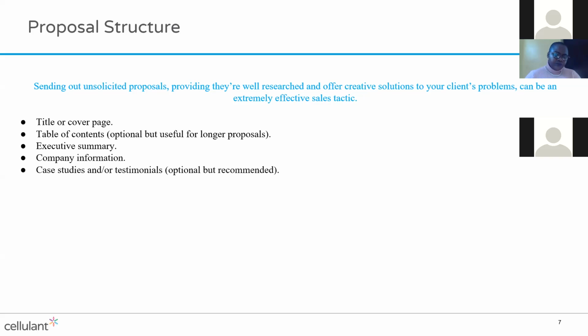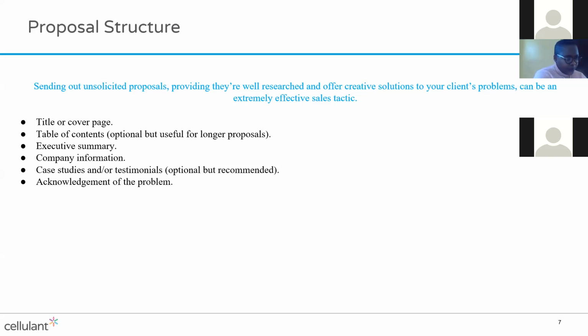It's also important to include some case studies or testimonials or references that are relevant to this particular customer to create a level of relatability and to show how you have previously been able to basically take care of other customers such as themselves in the same landscape.